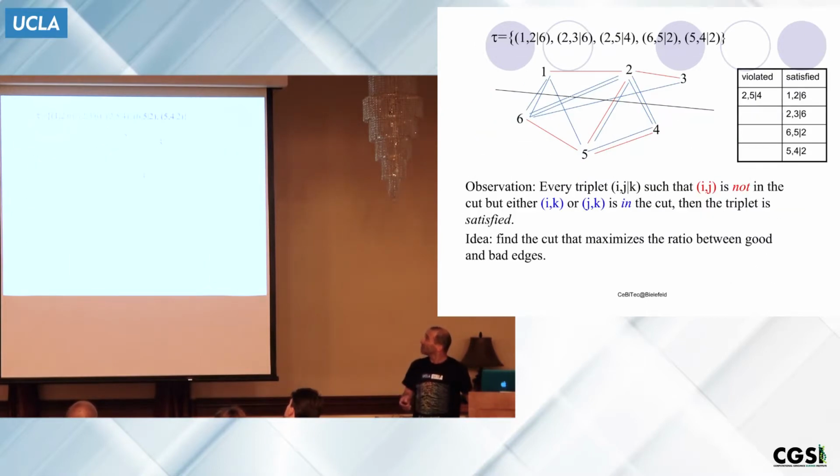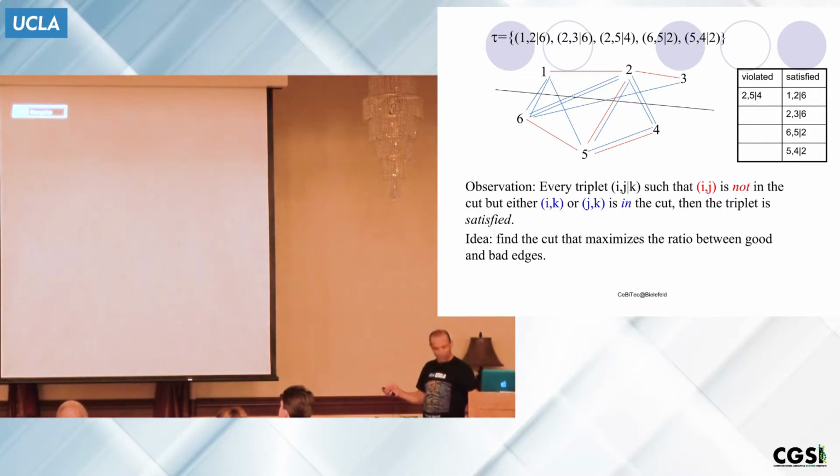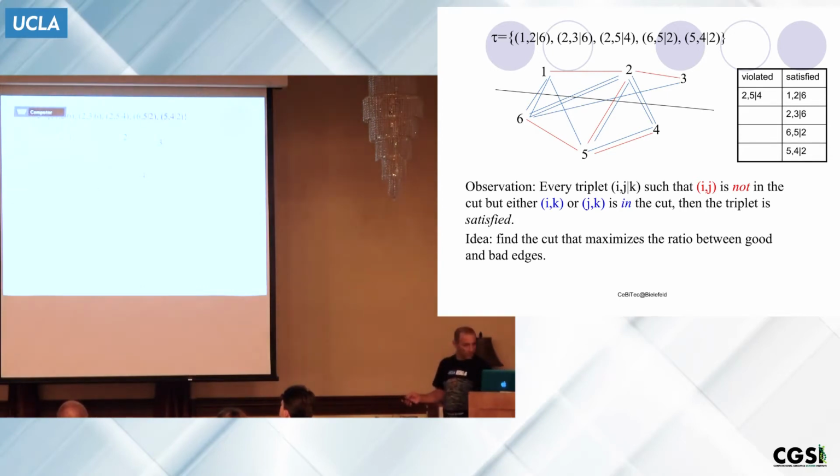Okay, and the observation. So this is our original or old graph with bad edges. This is the original min cut, the connectivity graph, but we add all these good edges.